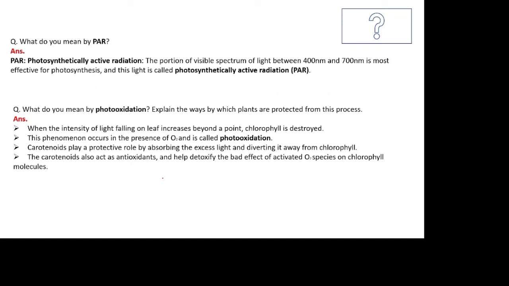So let us see some questions. What do you mean by PAR? PAR is photosynthetically active radiation, and it is between 400 to 700 nm, which is effective for photosynthesis. What is photooxidation?